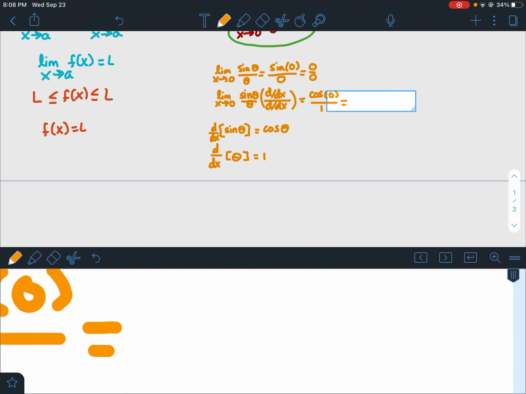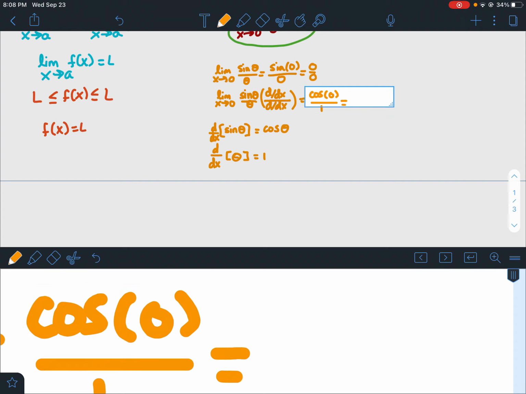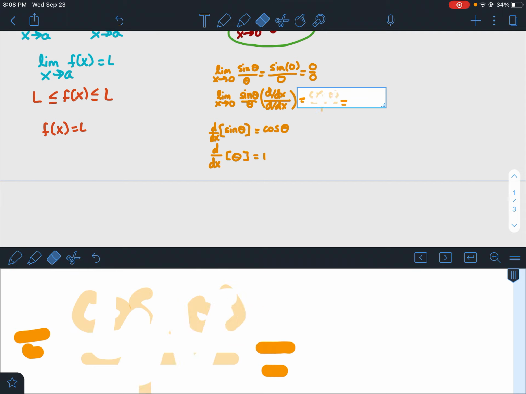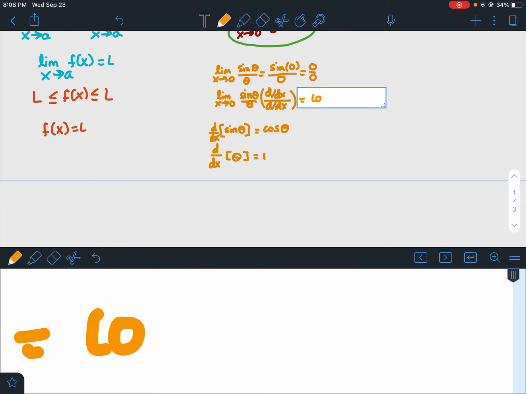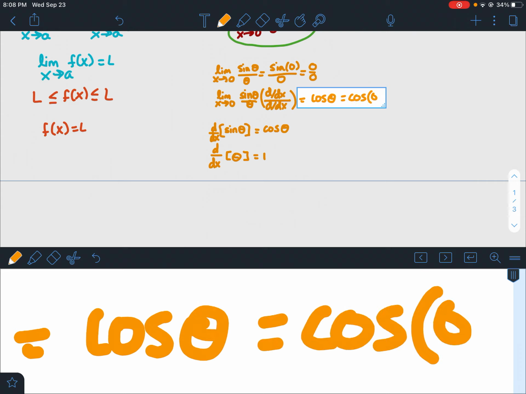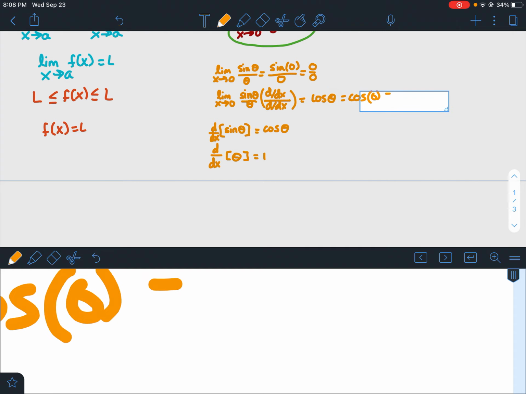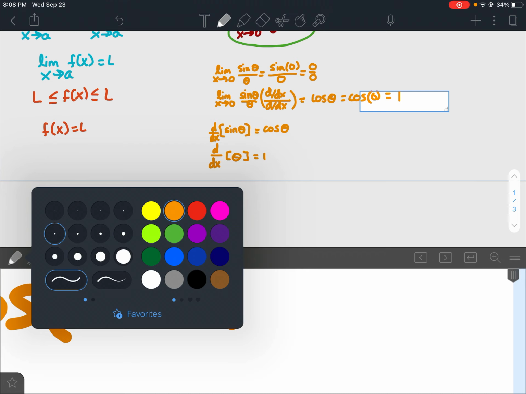Anything just laying there is going to be 1. So we're left with the cosine of theta, and we get the cosine of 0, which is equal to, you guessed it, 1.